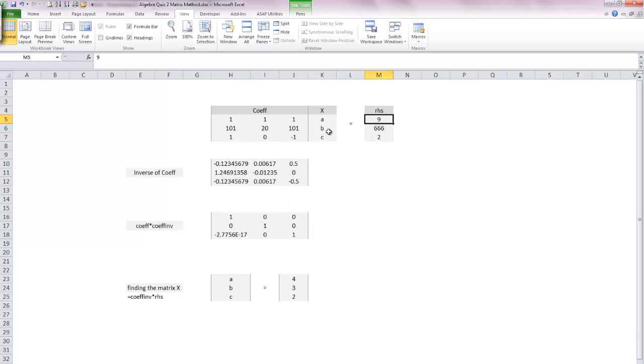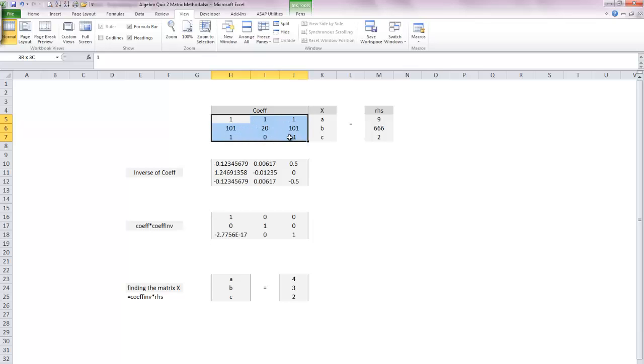This is the matrix way of writing an equation. The second one is 101 times a plus 20b plus 1c should be equal to 666. And the last one, which I have simplified, is 1 times a, 0 times b, minus c, should be equal to 2.